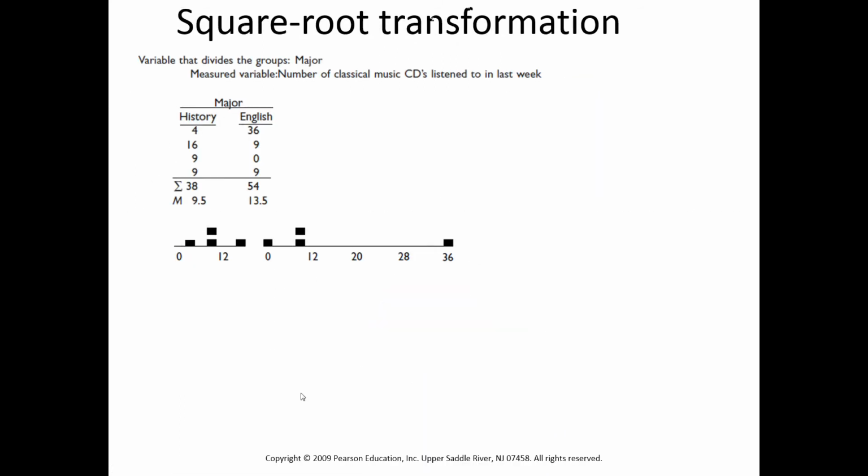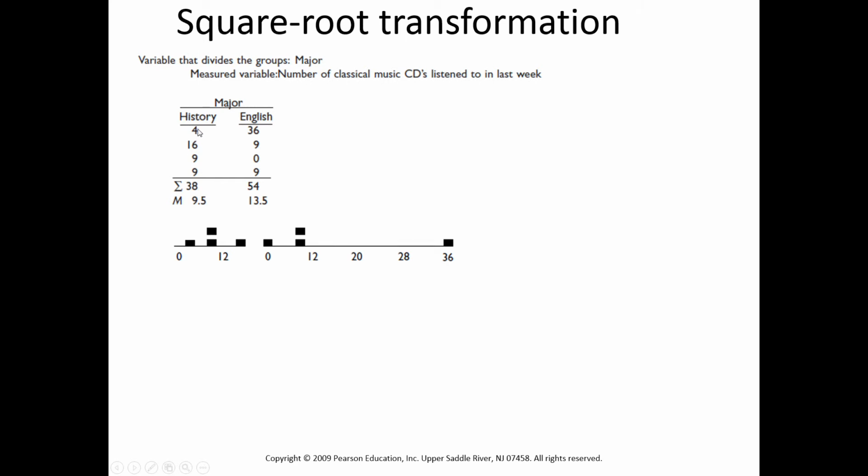For example, let's say that we have here this sample of made-up data: 8 students, 4 of them majoring in history, 4 of them majoring in English, and we ask them how many classical music CDs they listened to last week.